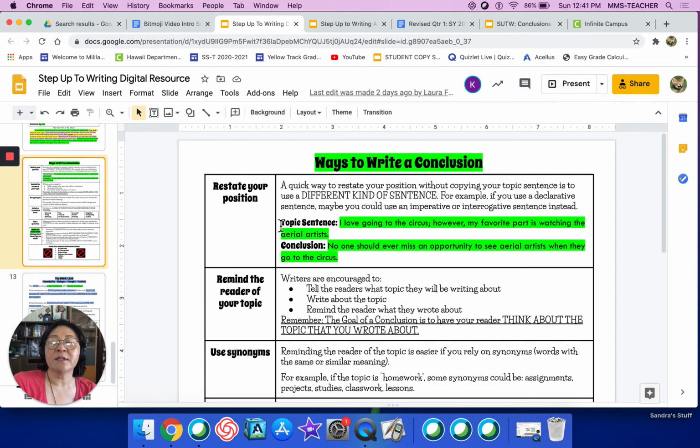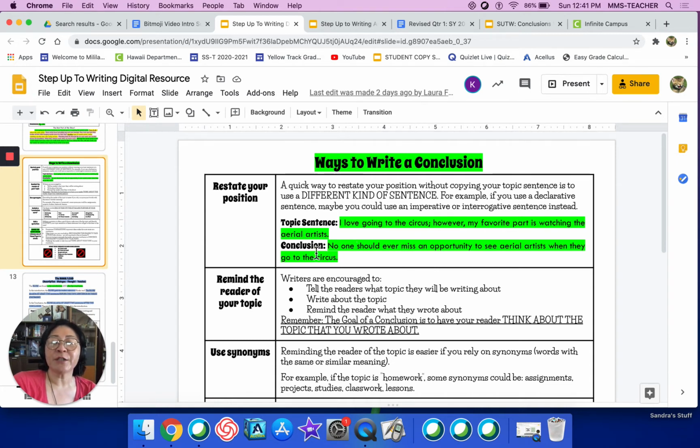So here is an example of a topic sentence. I love going to the circus. However, my favorite part is watching the aerial artists. So this is a however sentence as a topic sentence. And it's a declarative, okay?